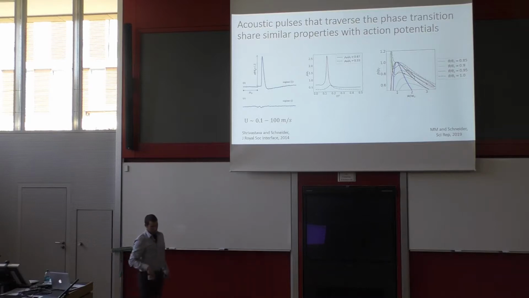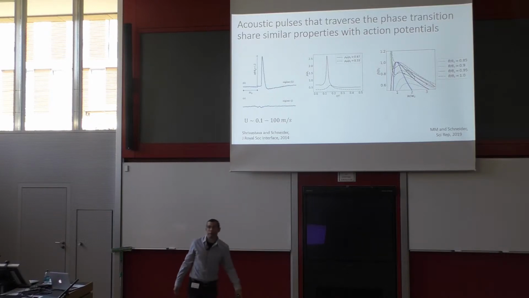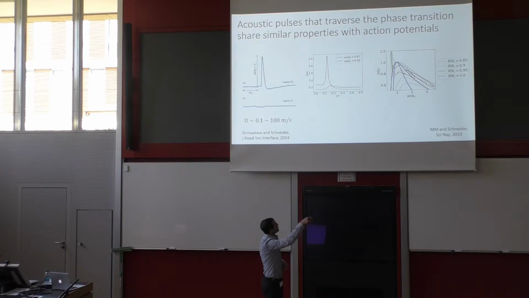And in order to explain these graphs, I have to show you the same pulses plotted in phase space. So the purple line is directly related to the dotted dashed line in the middle figure. So we have a starting point. It's this dot here. It's sufficiently far from phase transition.